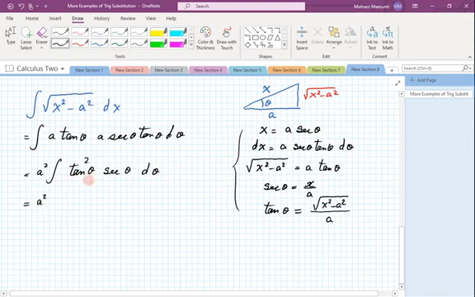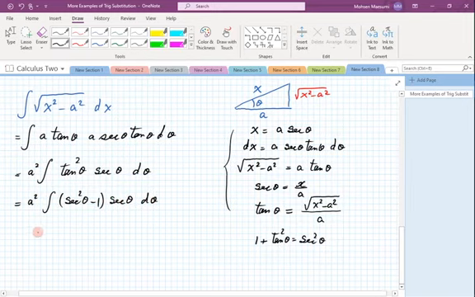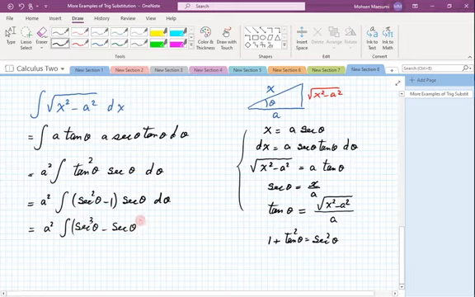You remember the basic trig identity that 1 plus tan squared is secant squared. So if you want to convert to all secants, this can be written as secant squared of theta minus 1 times secant of theta d theta. So that becomes a squared times secant cubed of theta minus secant of theta, all of that d theta.